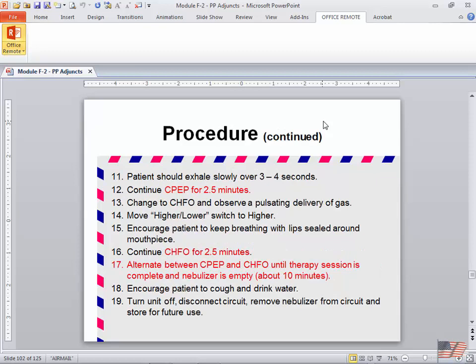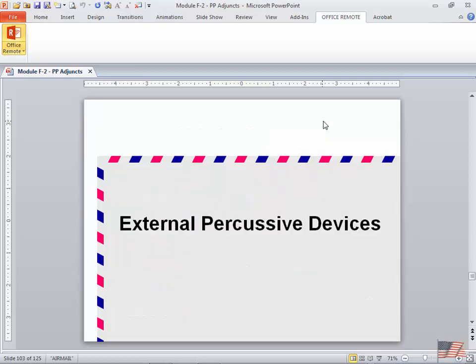And we're basically doing a couple minutes with the increase in pressure, and then a couple of minutes of vibration, and having the patient cough. Okay. So those are the two primary ones you'll end up seeing of a direct application of vibrations to the airway.